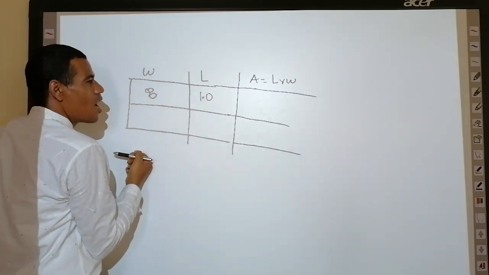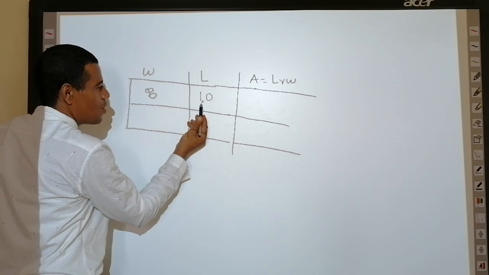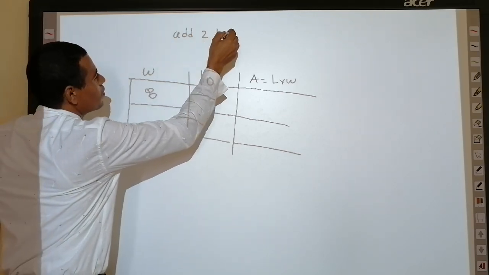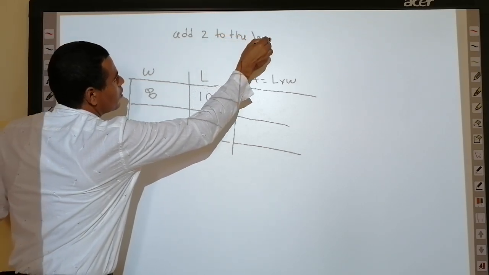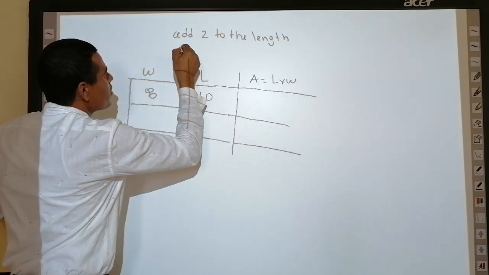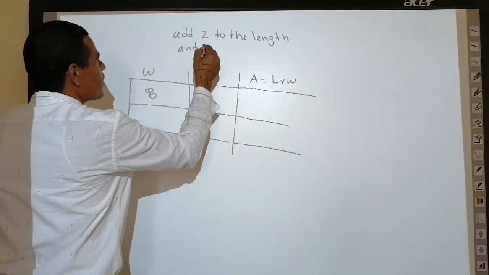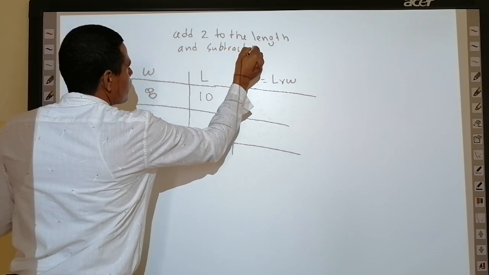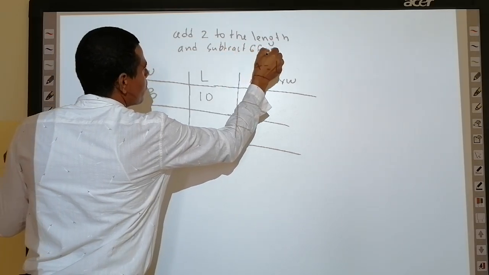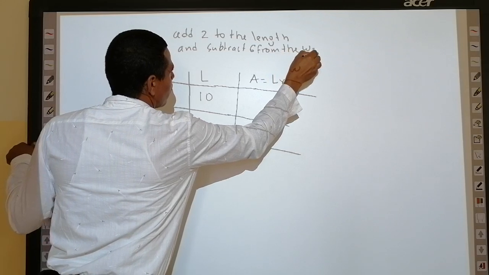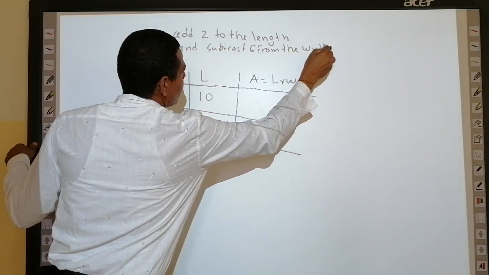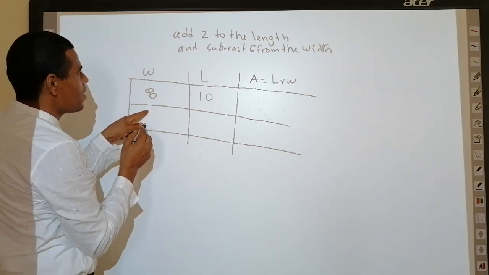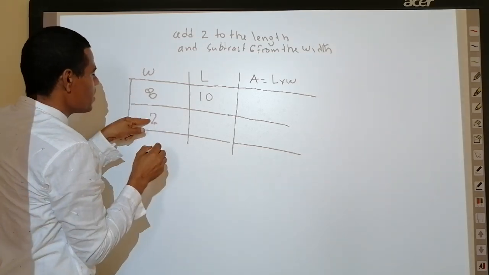And now I will add 2 to the length and subtract 6 from the width. Means what, my learners? Means that I will subtract 6 from the width. It will be 2. 8 minus 6 is 2.